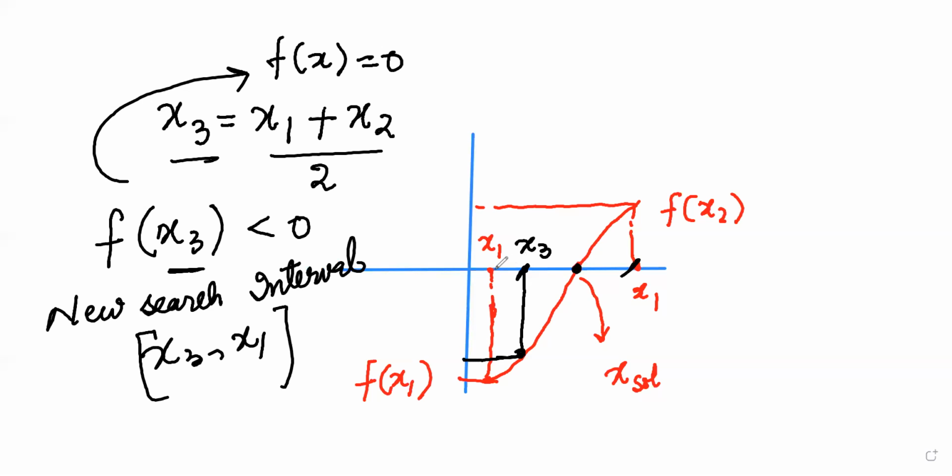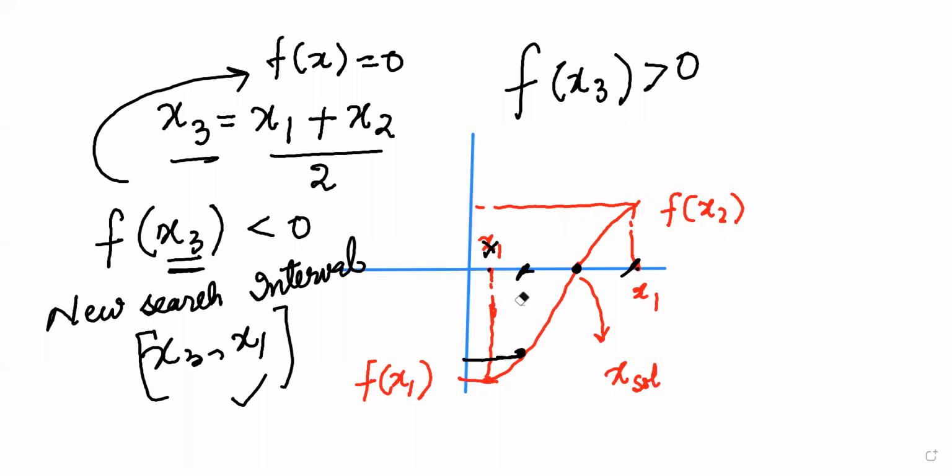We have to take this x1 very, very close to this x solution. So if at x equal to x3 the value of the function is negative, then we need not take x1, we now take the new search interval as x3 to x1. Otherwise, if the substitution of x3 back into f of x makes f of x3 greater than 0, it means x3 does not lie on the left hand side of the solution.